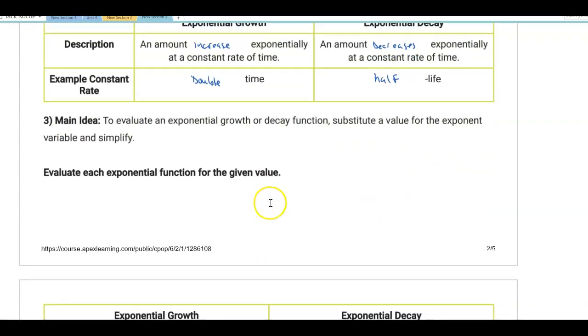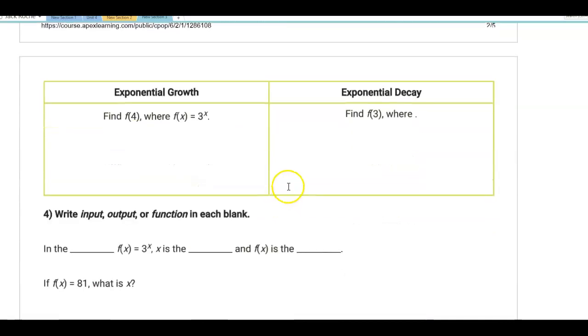So we look at this example down here. This represents exponential growth, and I can see this is exponential growth right away just because the base b is 3, and that's greater than 1. If I had to evaluate this function, f of 4, that would be equal to 3 to the fourth.